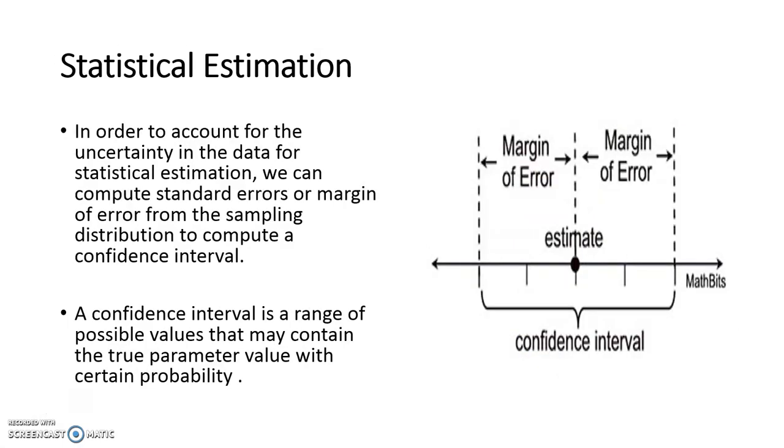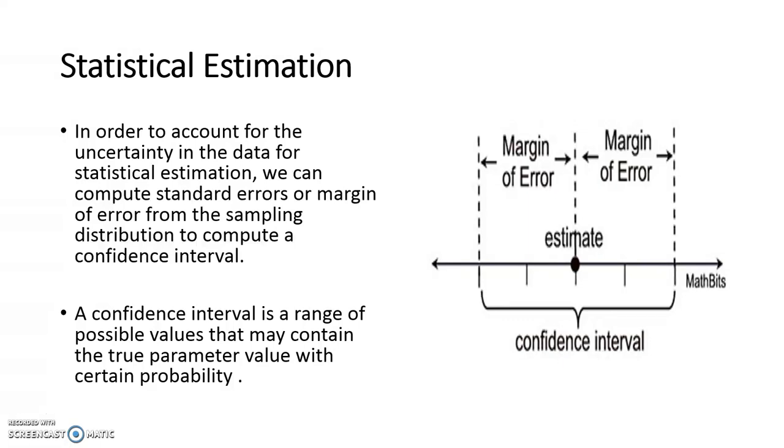In order to account for the uncertainty in the data for statistical estimation, we usually compute something called the standard error or margin of error from the sampling distribution, and use those to compute the confidence interval. The confidence interval is really a tool for us to do statistical estimation and take into account the uncertainty in the data.